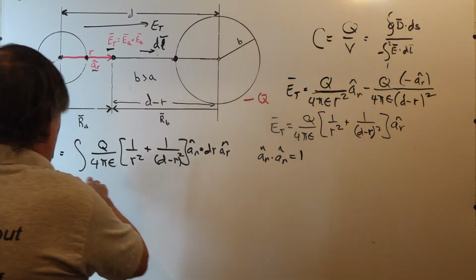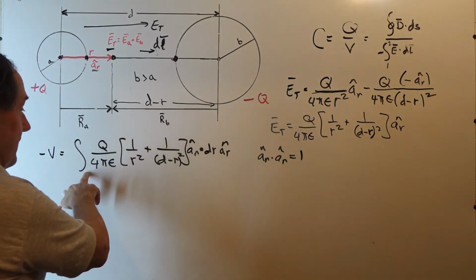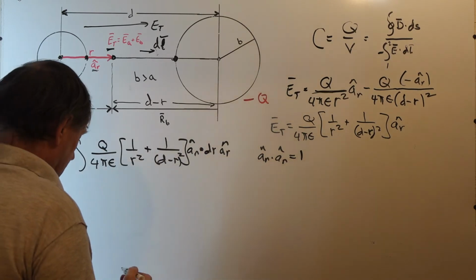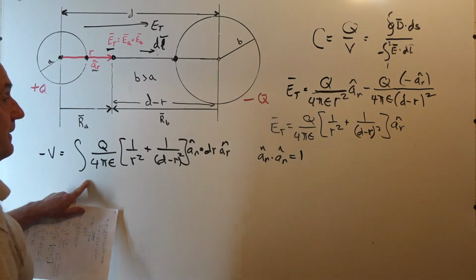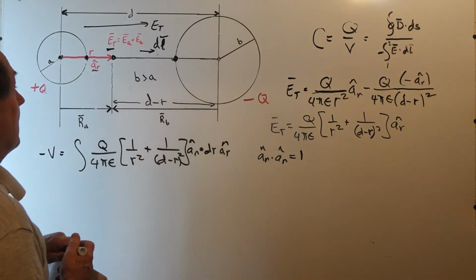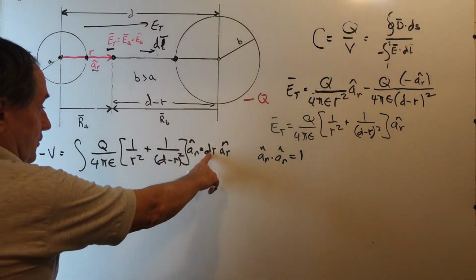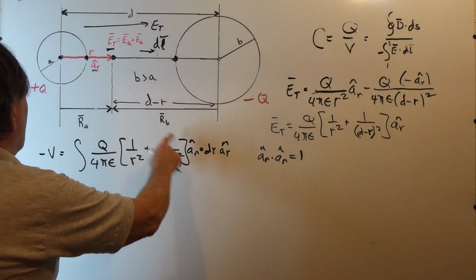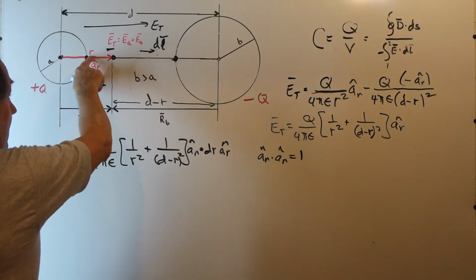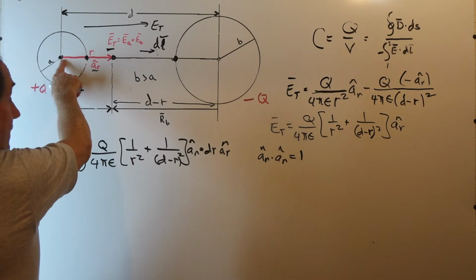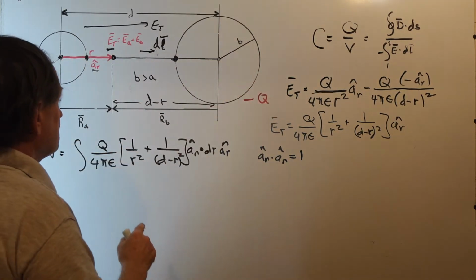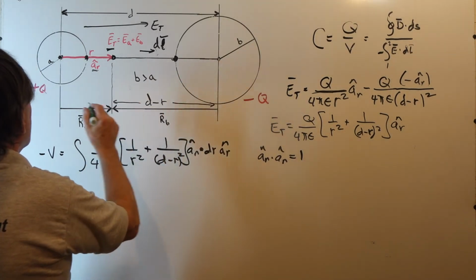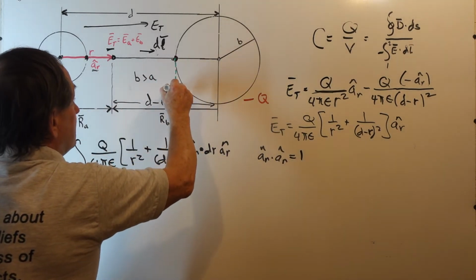Now, also, we need to look at our limits. What we're doing is integrating from the surface of B to the surface of A, with respect to our R variable, which goes from the center of sphere A radially outward. So what's the surface of B in terms of that? Well, the surface of B is here.